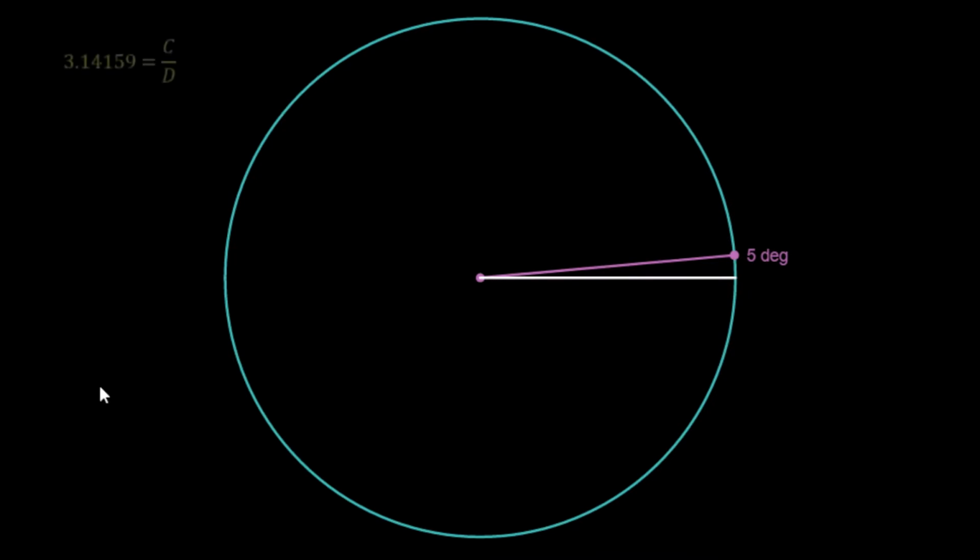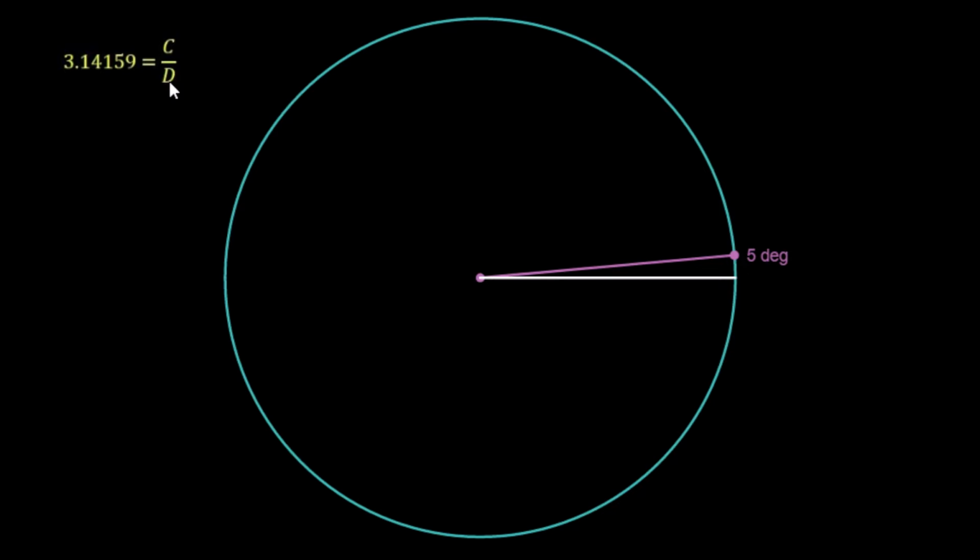If we were to measure the circumference of a circle and divide it by the diameter of the circle, then we would get a fixed number, and this number would be approximately 3.14159. This is the same for any circle.